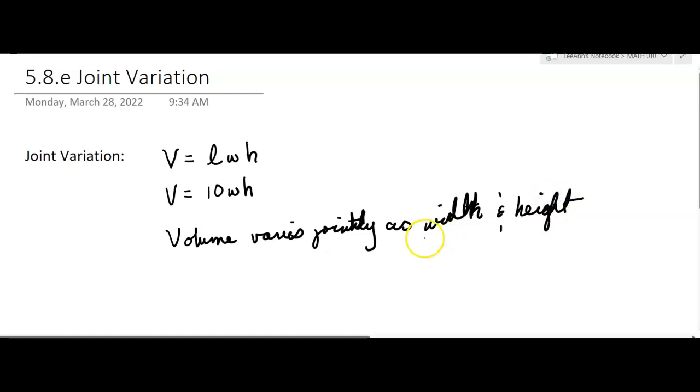And then, okay, well, I'm going to multiply width and height. That is what we mean by varies jointly. And your k in this case would be the 10. That would be your constant of proportionality.